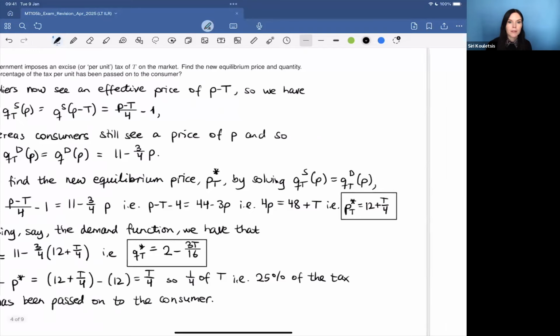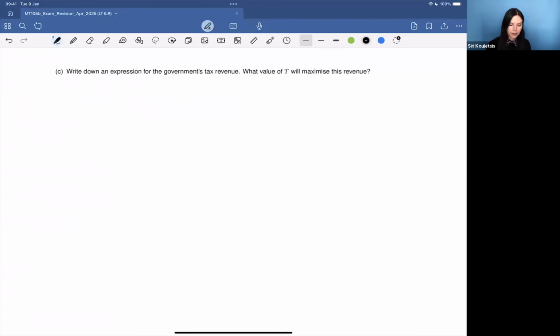Now, as a final part here on this question, we want to write down an expression for the government's tax revenue and find what value of T will maximize this revenue.